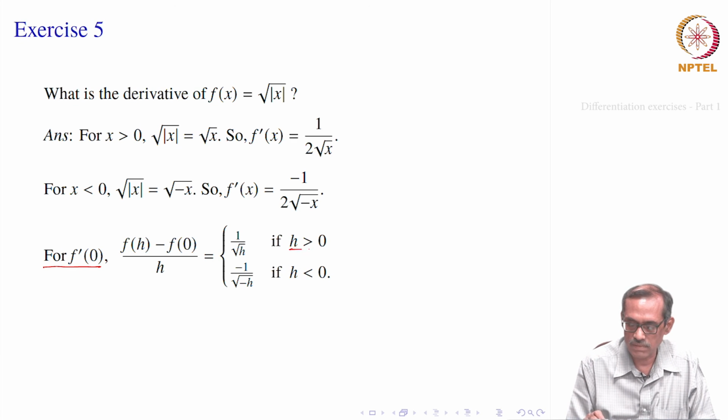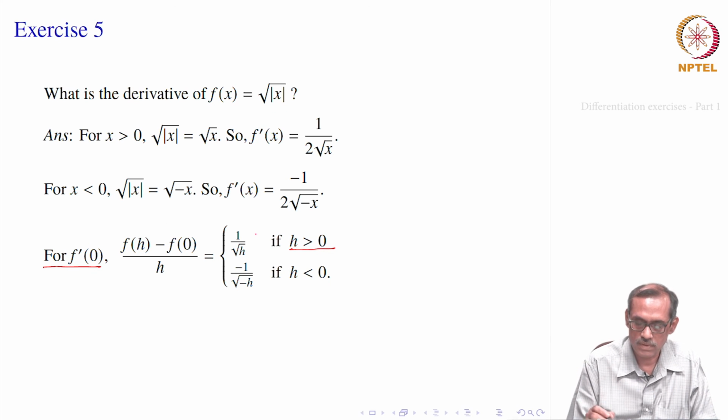When h is positive, f of h is square root of h, and dividing by h gives 1 divided by square root of h. That is fine.